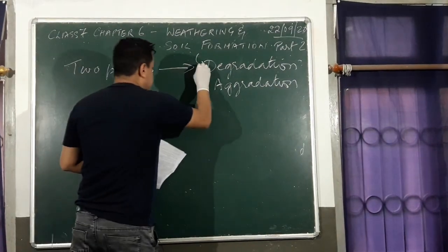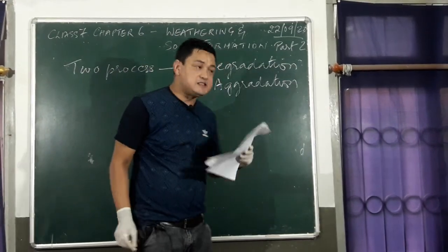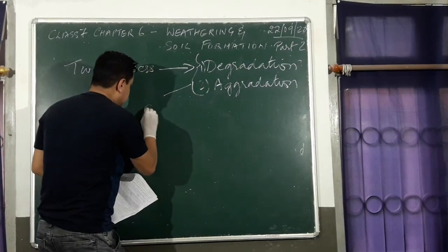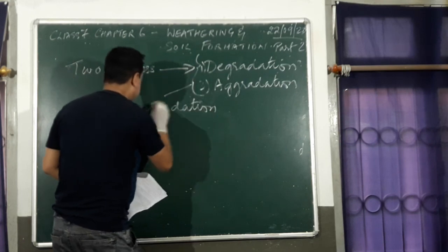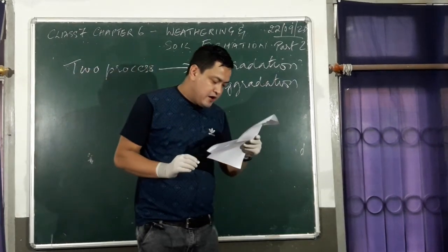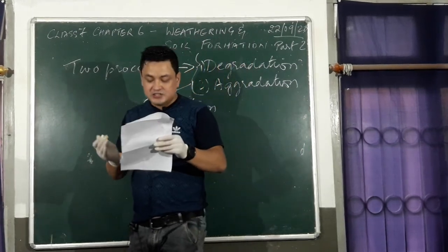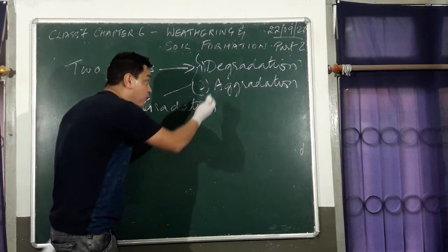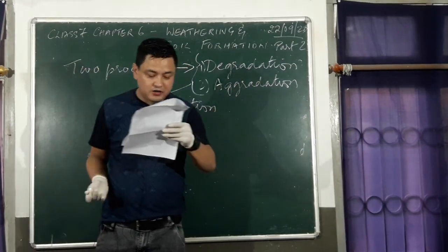Now, aggradation and degradation together are referred to as gradation, G-R-A-D-A-T-I-O-N. They act simultaneously, side by side, and maintain balance on the Earth's surface. So this is the force which maintains and remodels the Earth.